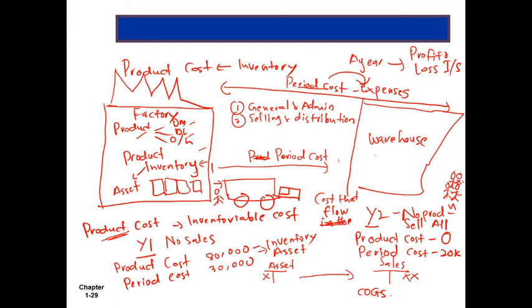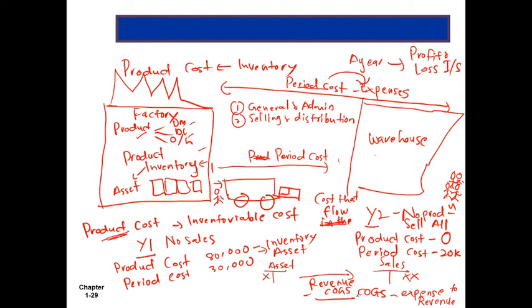Cost of goods sold we consider as an expense to revenue, because in profit and loss, revenue is minus COGS, right?